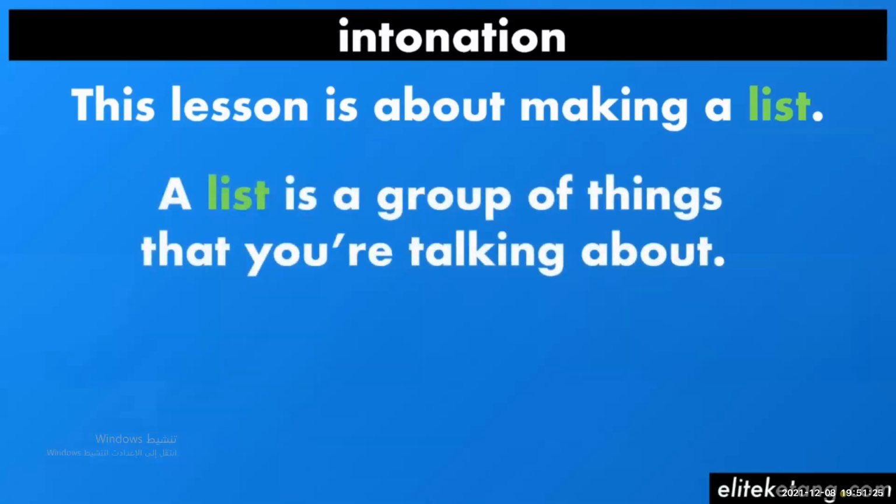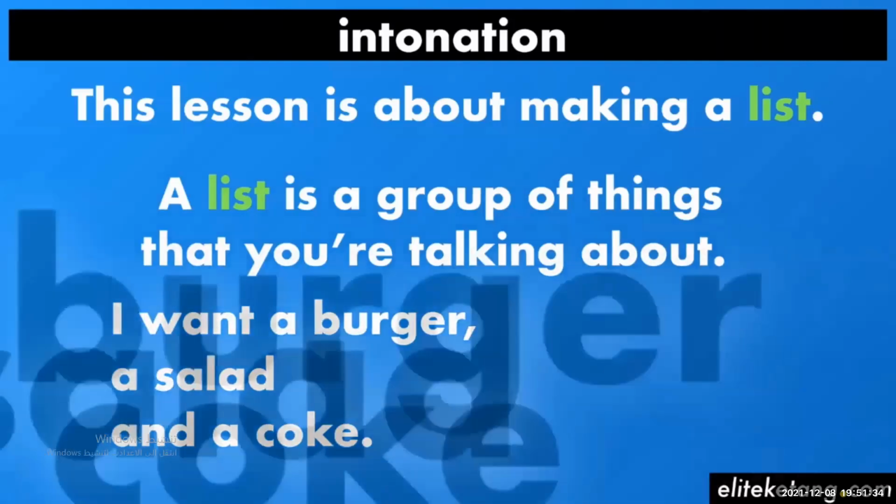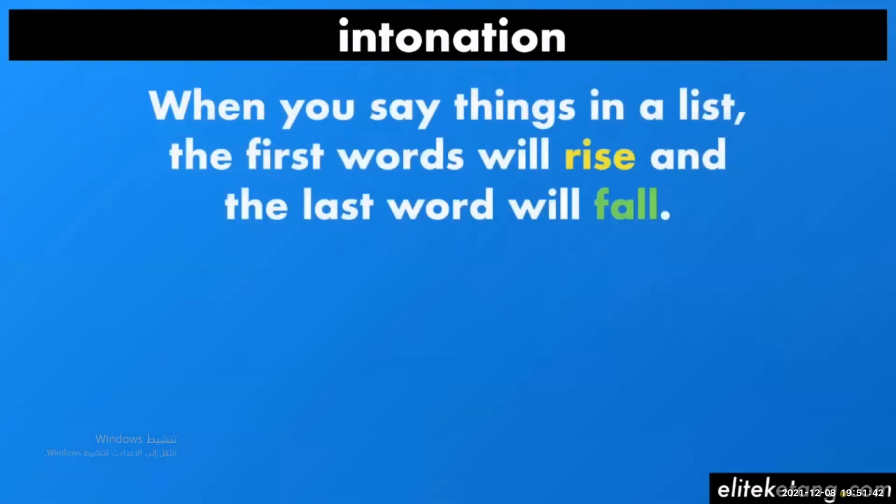A list is a group of things that you're talking about. I want a burger, a salad, and a Coke. That's a list of 3 things I want. When you say things in a list, the first words will rise and the last word will fall.